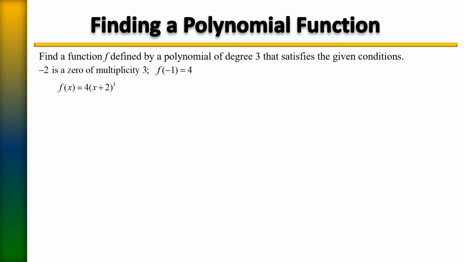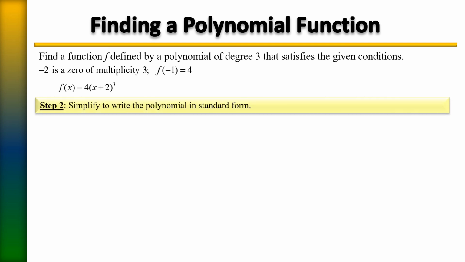Now we want to write it in standard form. So if we write it in standard form, we're going to have to expand this. So remember, we have 3 of the x plus 2's. So let's go ahead and write that out.